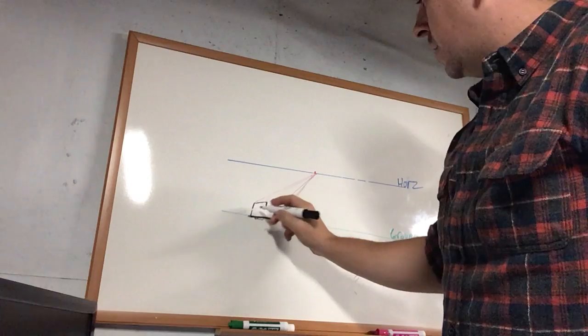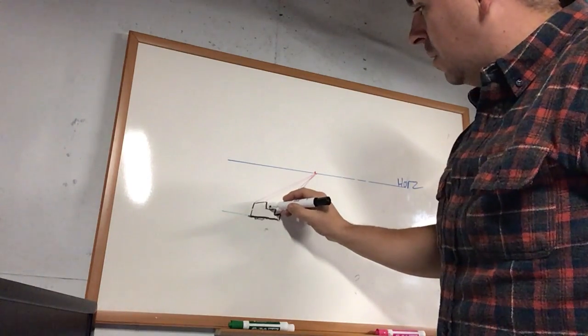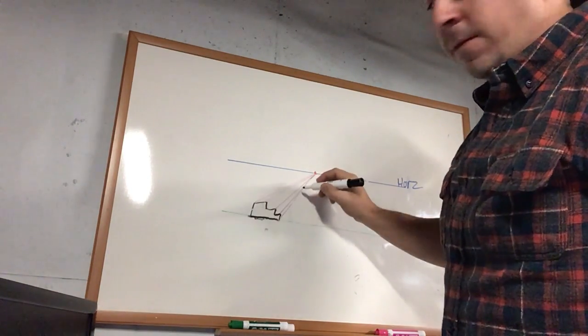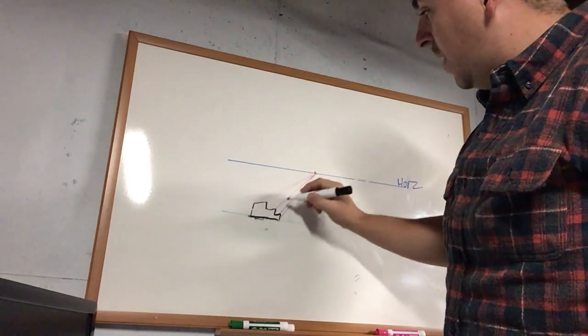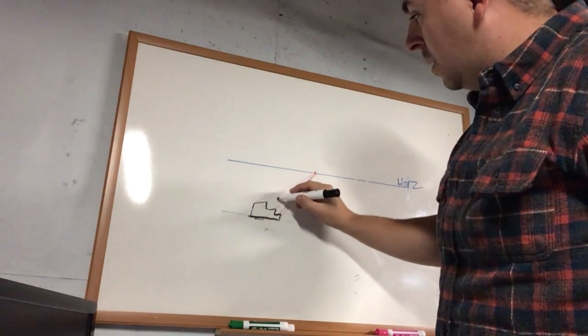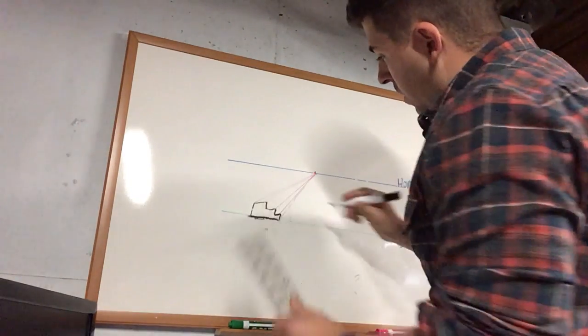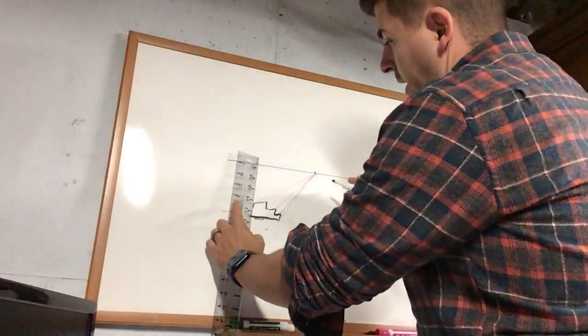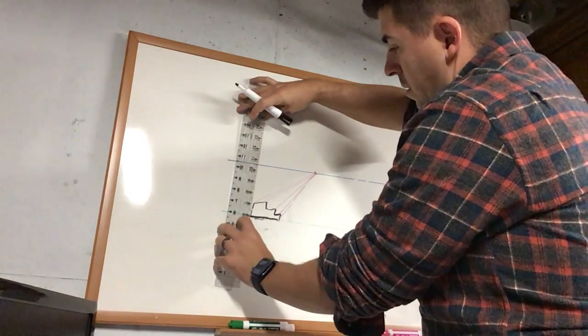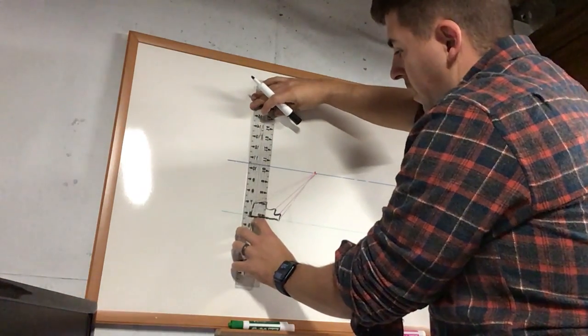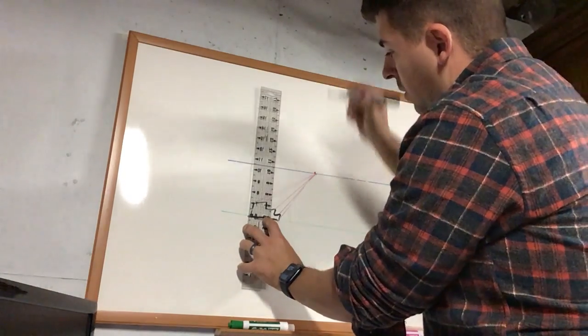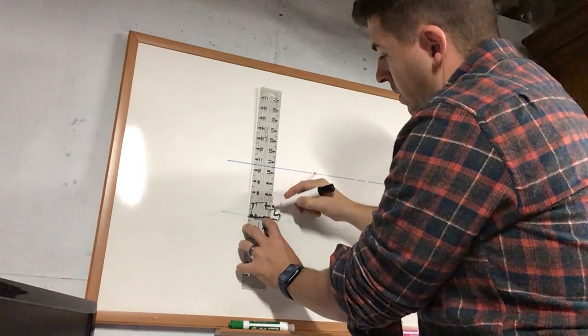So this was our original object. Now we can use those references that go to our vanishing point to help us draw our lines. So bring our straight edge out again, and where's it going to go? So we go straight from there. There's a line there. It'll go about here, right to the top.